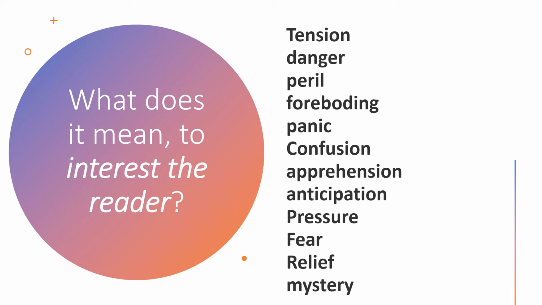Okay, so basically the writer organises the text to interest the reader, and this is the phrase that students often like to use: it makes the reader want to read on. I say it in that silly voice because it's annoying. Don't use it ever. The writer interests the reader by creating tension, by including a sense of danger, by putting the characters in peril, by building a sense of foreboding, by highlighting the panic, by demonstrating the confusion.